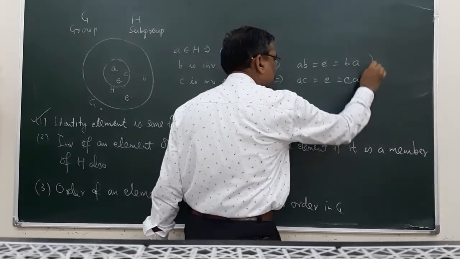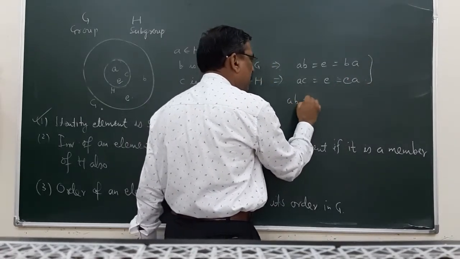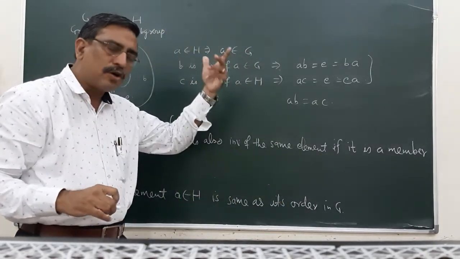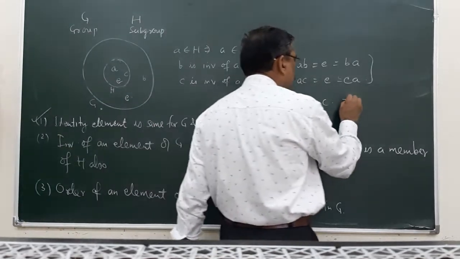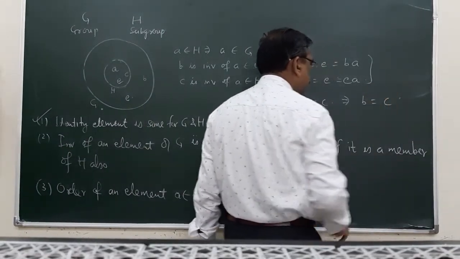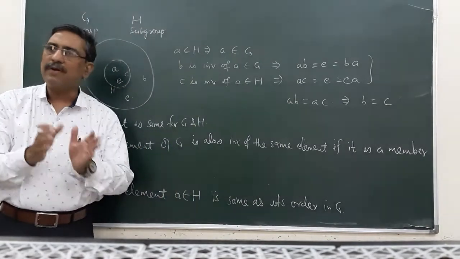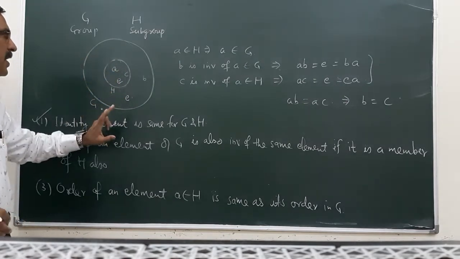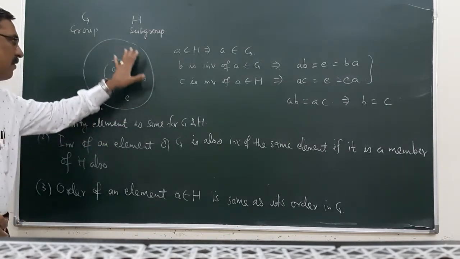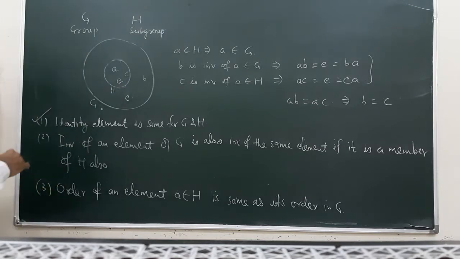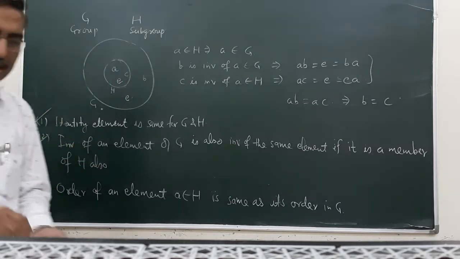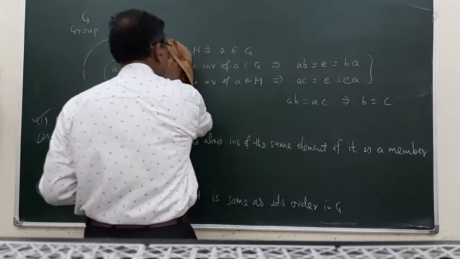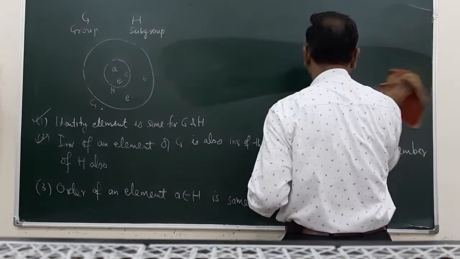And from these two results, we can say AB is equal to AC, and both elements belong to the group. Therefore, the cancellation law holds good. B is equal to C. Means the inverse of an element of H is the same as if it is an element of G. This is your second property. Means the inverse remains the same, the inverse of an element of H is the same as its inverse in G.